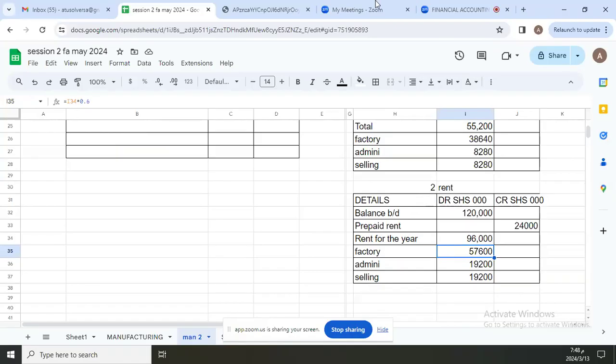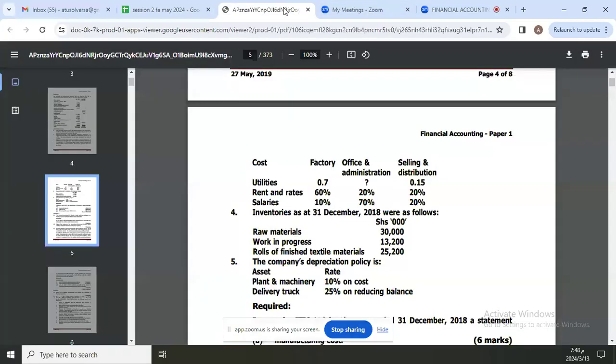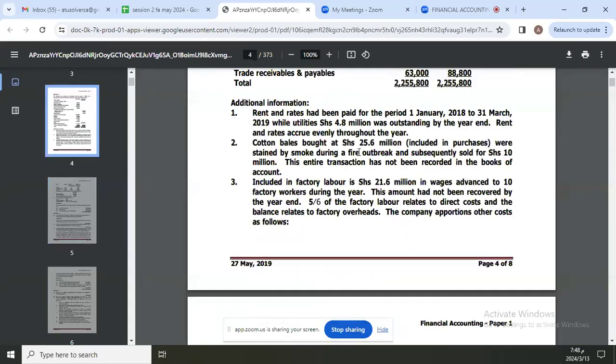We get to item number 3. Item number 3 is salaries. Did they say anything about salaries? Do we have any information about salaries?